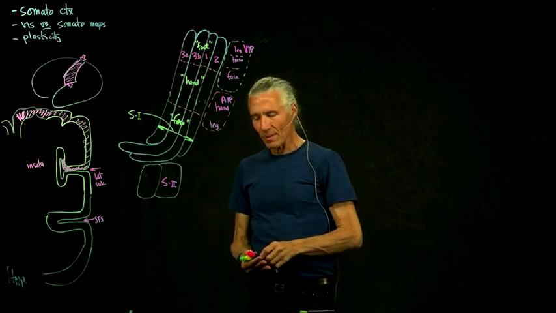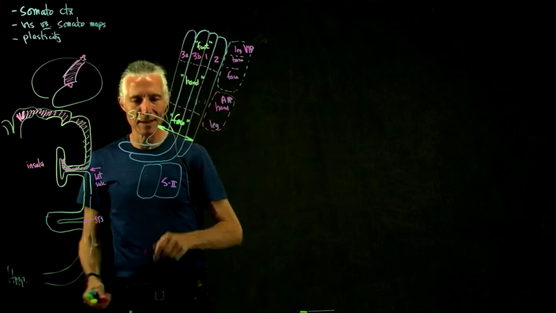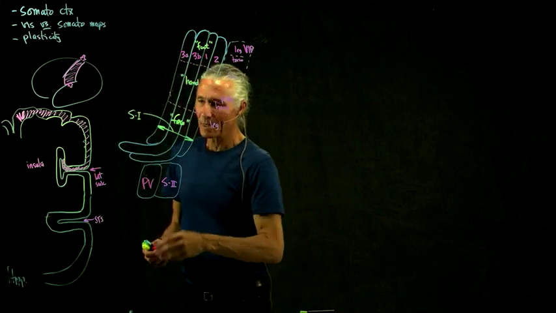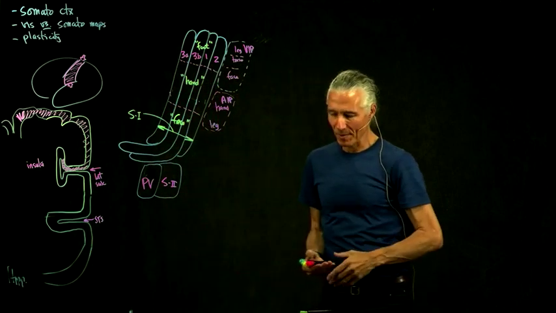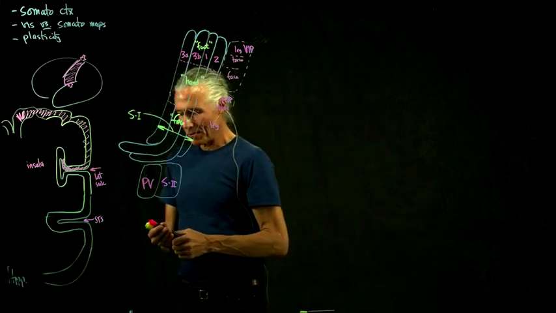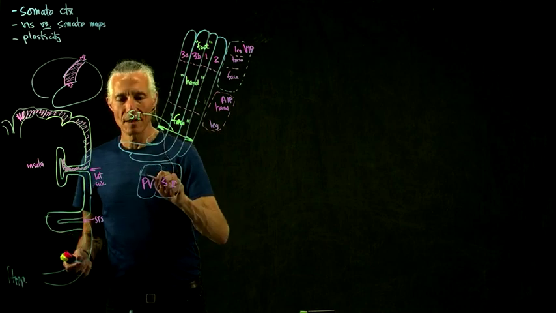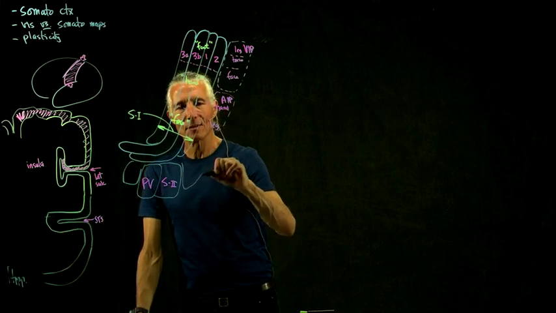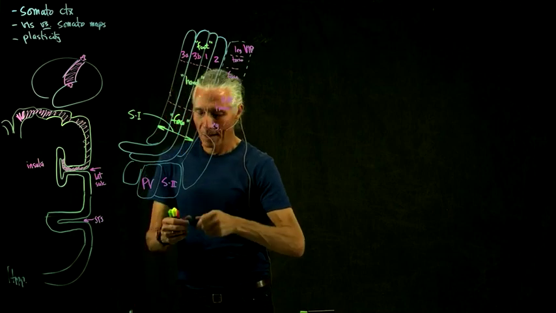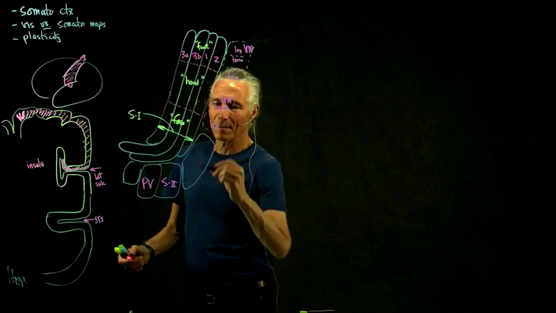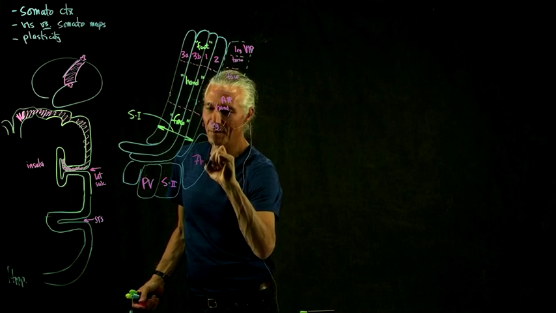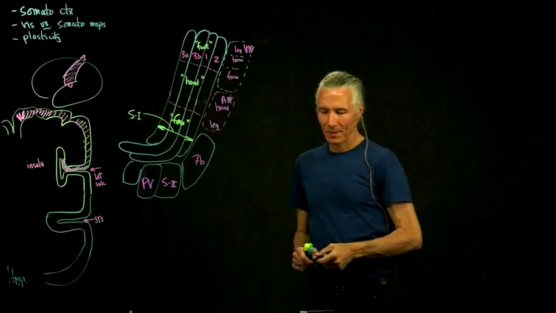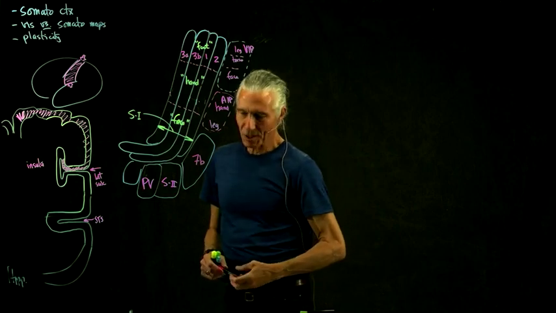So when they did that in S2, they discovered there's another area in front of S2 that's another copy of the body, and there's a couple additional areas in front and back, and then there's an area generally out here that has various names, but sometimes people call it 7B. It also has some multisensory input.